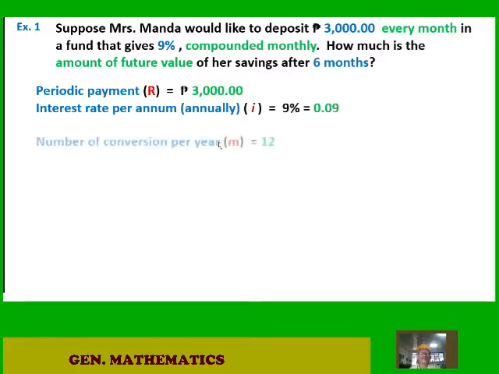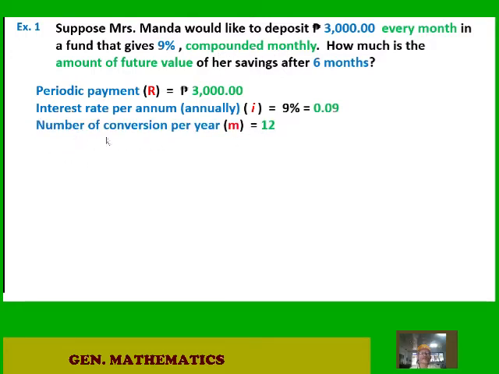Compounded monthly, M equals 12, number of conversions per year. It is asking for the amount of future value, F. 6 months is the time, 6 months or 0.5 year.